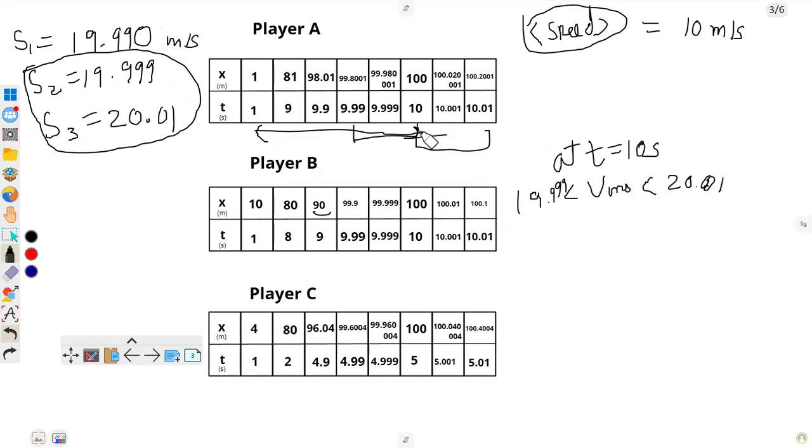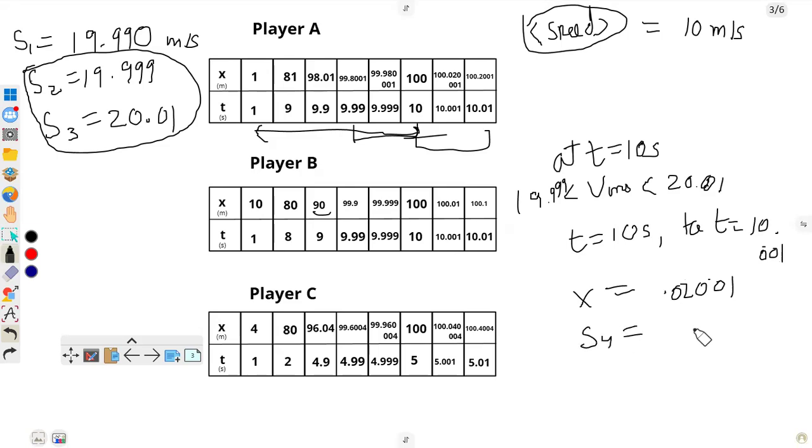But we also have a time interval very close to 10, which is 10.001. So between that time interval, from t is equal to 10 seconds to t is equal to 10.001, our distance traveled is actually 0.02001. So what is S4?